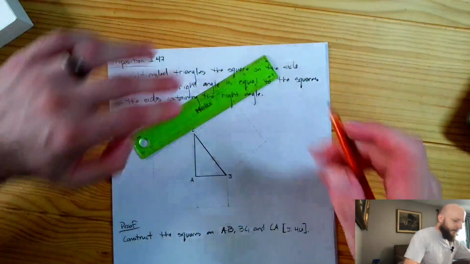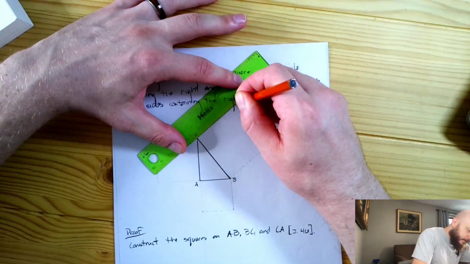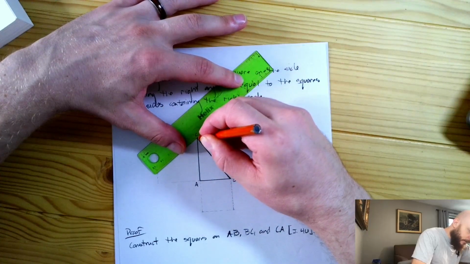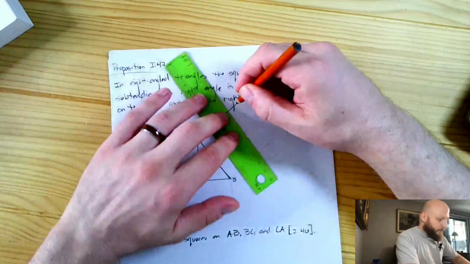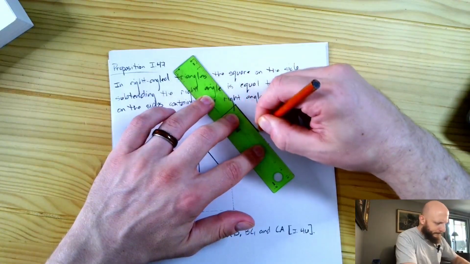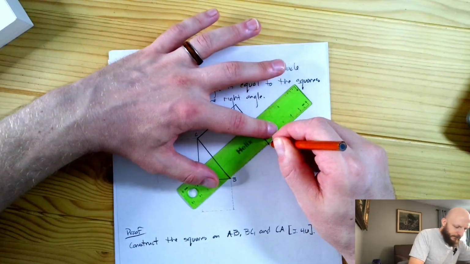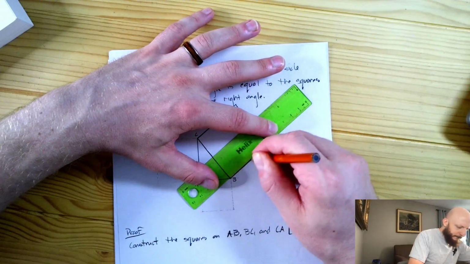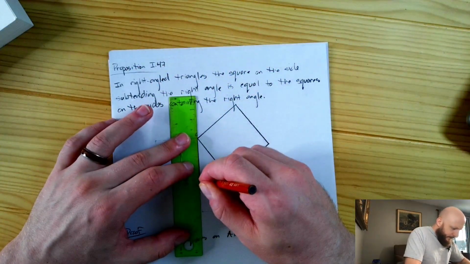I've already put my squares in here in pencil. I'll just come through and set them up now. It's a pretty quick proof now that we've got so many propositions all set up.